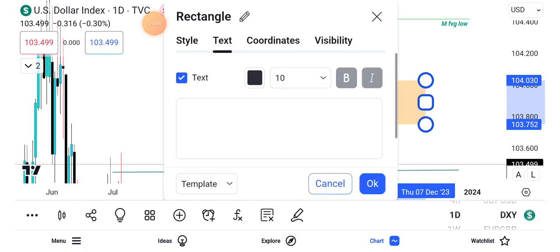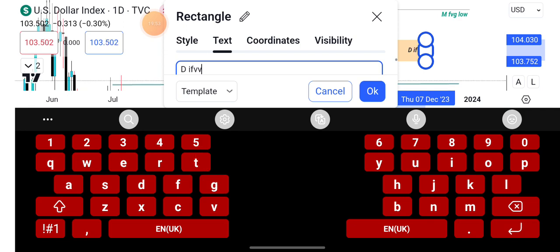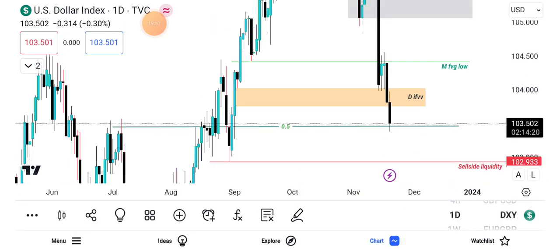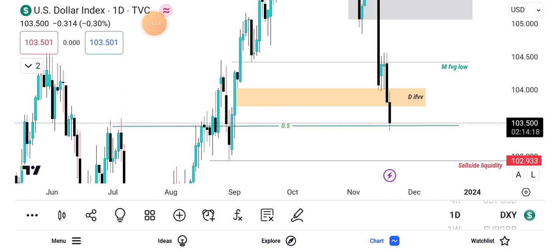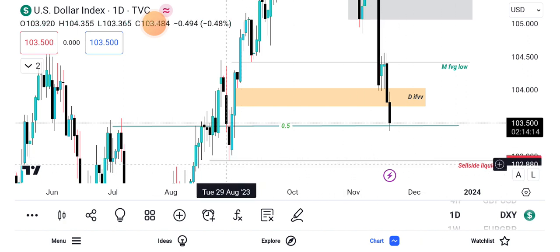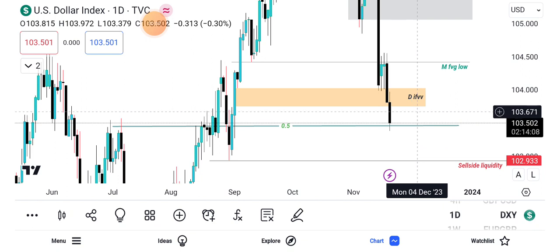We'll be using this daily inversion fair value gap as resistance to go lower to this sell side liquidity over here. As you can see, the liquidity is resting below these levels. So I wanted to see it.